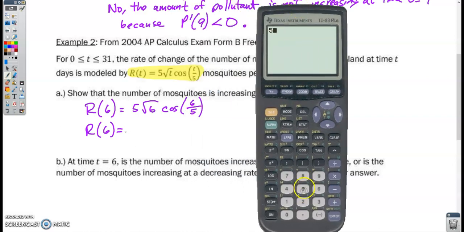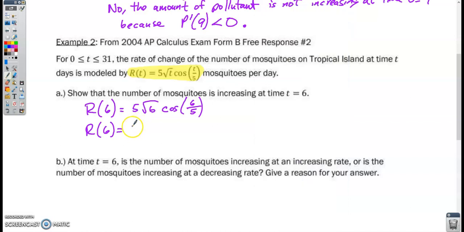So we got 5 root 6 times cosine of 6 over 5. And we get 4.438. 4.437 also acceptable. And our units here are going to be mosquitoes per day.